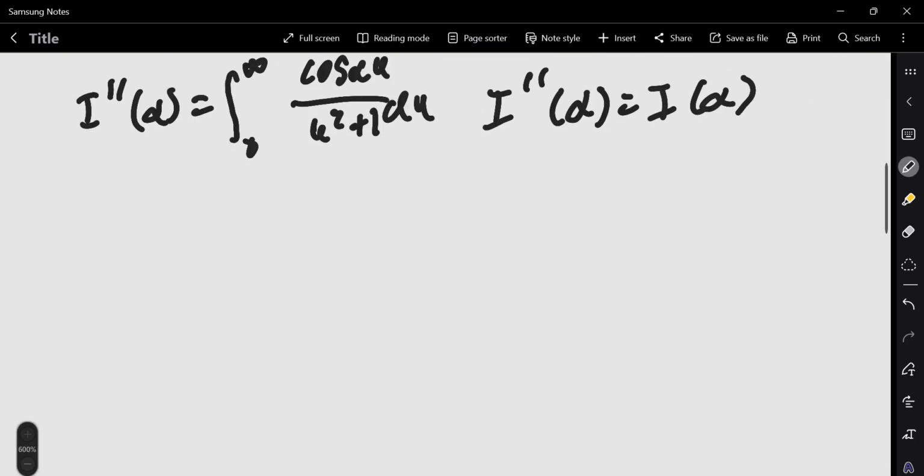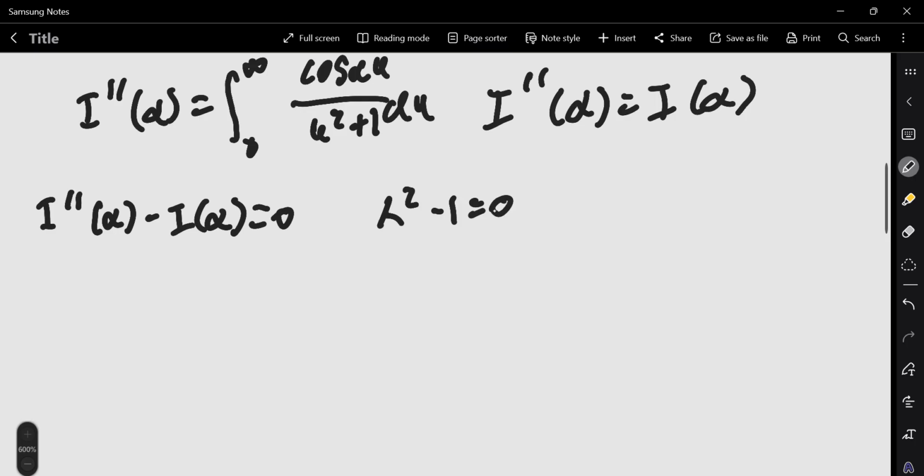Okay. So now we can form an ODE basically, because I double prime equals I. Solving the ODE, we introduce our characteristic equation: lambda squared minus 1 equals 0. So lambda equals plus or minus 1.